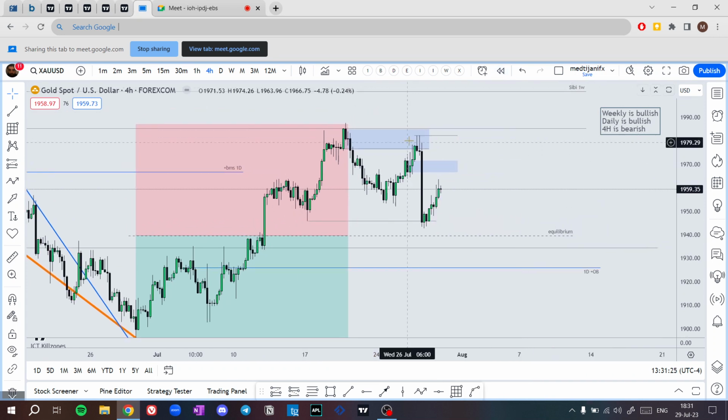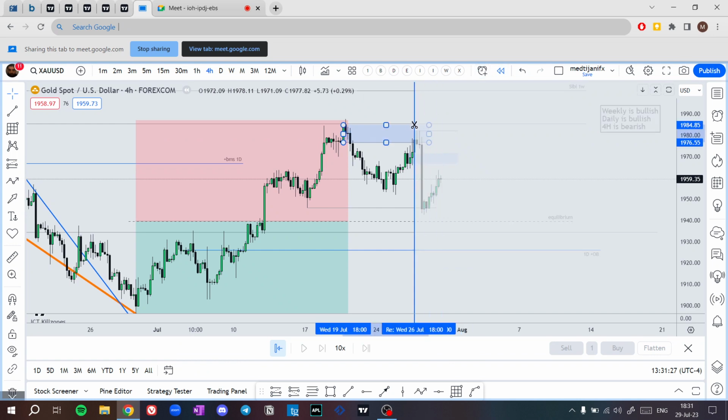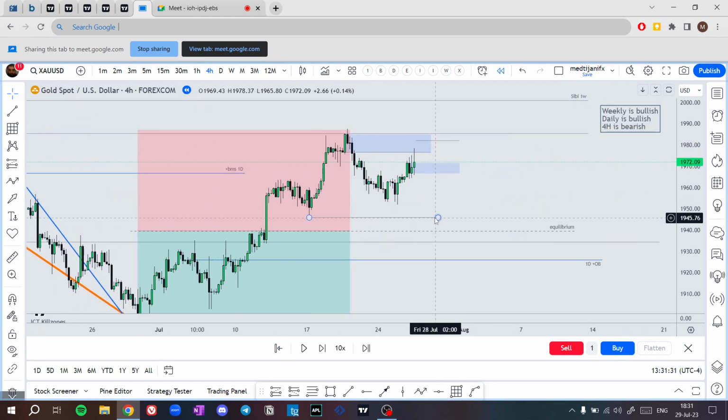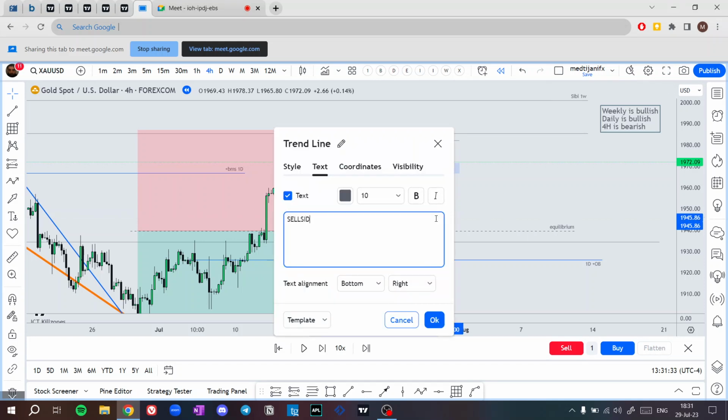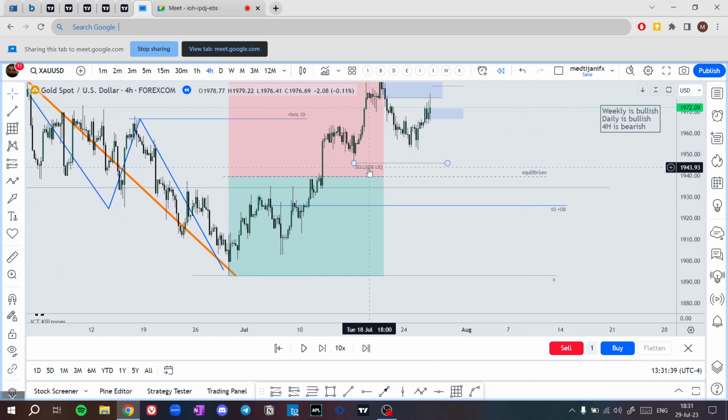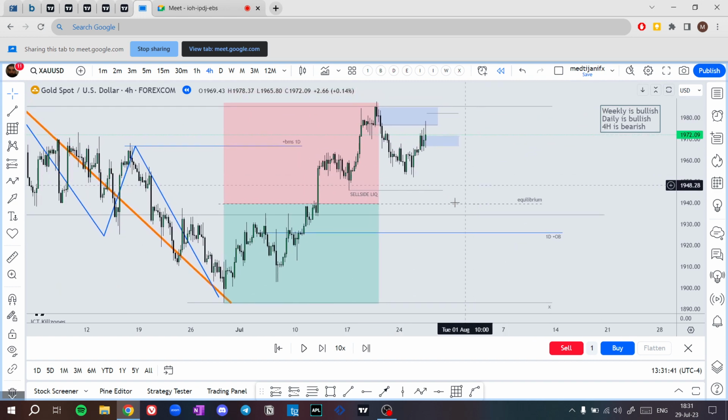And let's just use the replay button to better understand it. So we have our sell side liquidity here. We have our break of market structure here. So 4 hour is bearish, right?